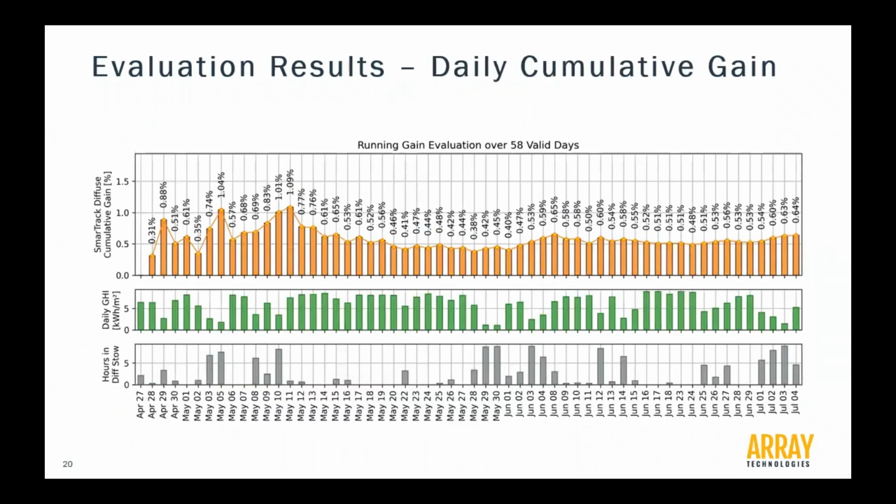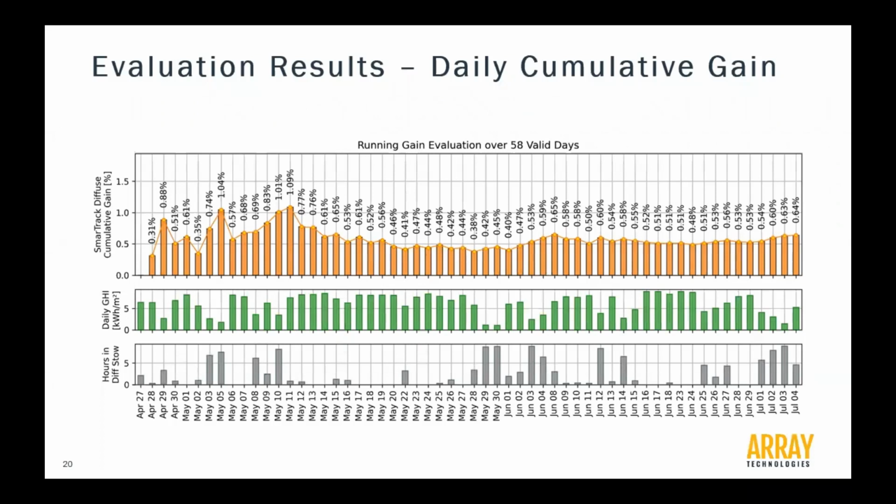We can also plot the running gain evaluation for each day over the test period. What you can see is that it shows the cumulative energy gain increasing on cloudy days with lower GHI and more hours spent in diffuse stow. May 3rd and 5th, for example.